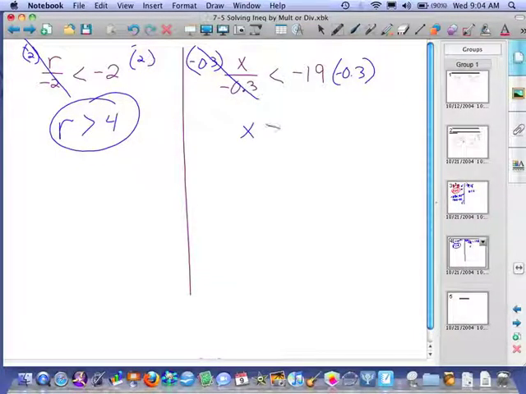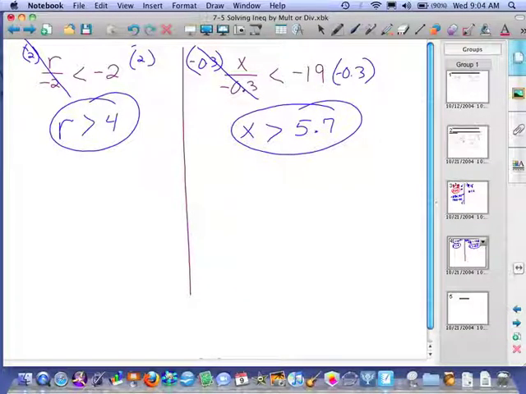Because we are multiplying by a negative number, we switch the symbol. And negative 19 times negative 0.3 is positive 5.7. And of course, with the decimals, you are allowed to use a calculator. So we switch the symbol. It's very, very important that you notice that and pay attention to it.